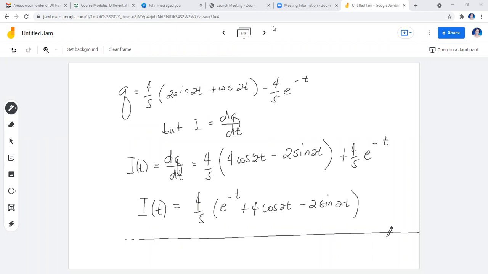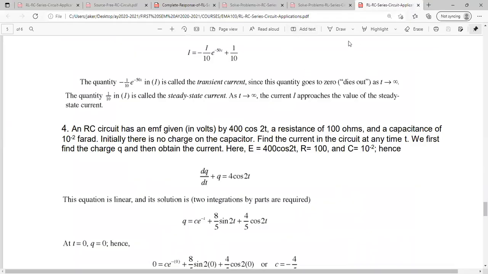Okay, if there's none, I'd like to share to you some of the files that I also shared to you in Canvas. We have our sample problem number 1, a source-free RL circuit. Now, I shared to you a sample problem wherein you have a source-free RC circuit, and this is it.